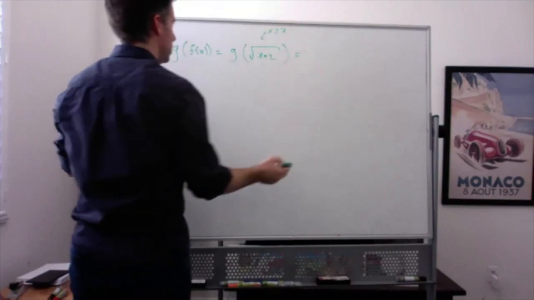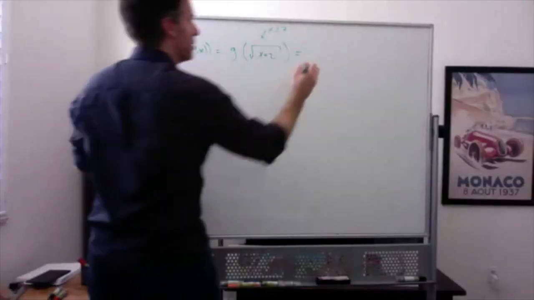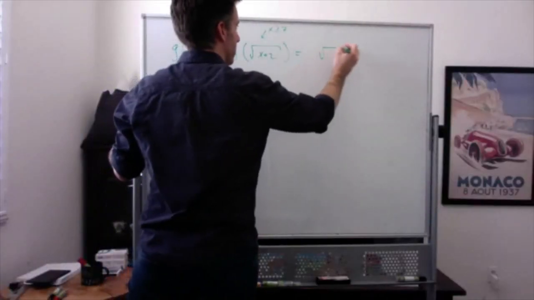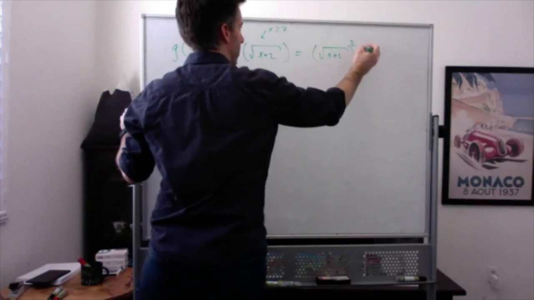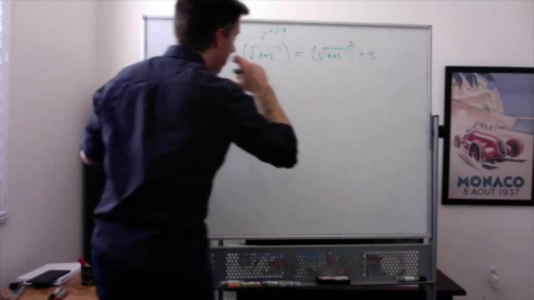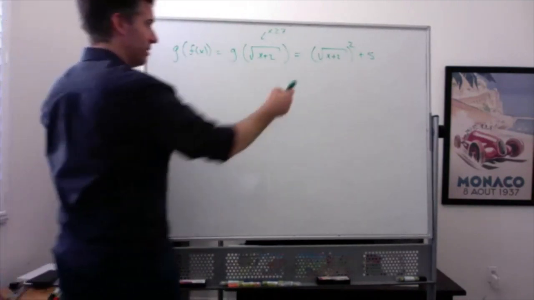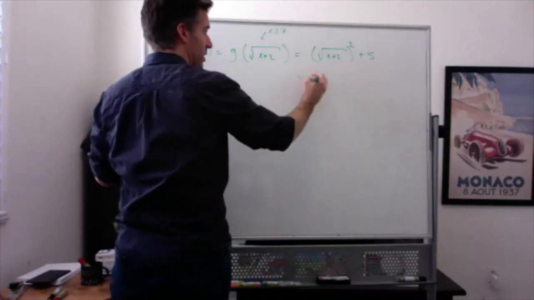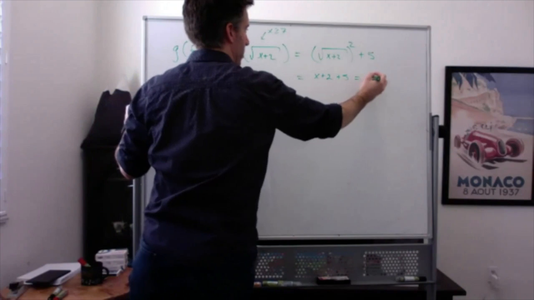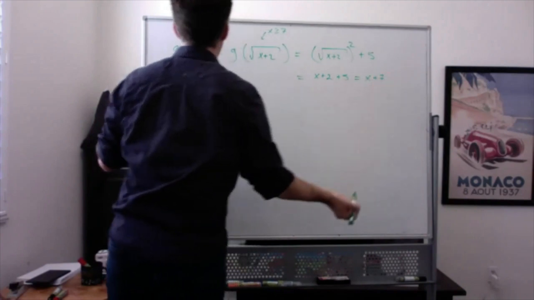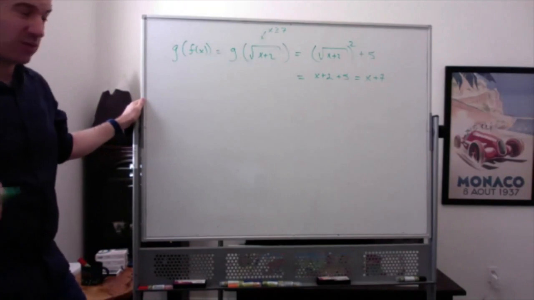And then g was the function x squared plus 5. So it's my stuff squared plus 5. And so we can totally simplify this, right? Square root of x plus 2 squared is just x plus 2 plus 5, which is x plus 7. So our function, g of f of x, is equal to x plus 7.